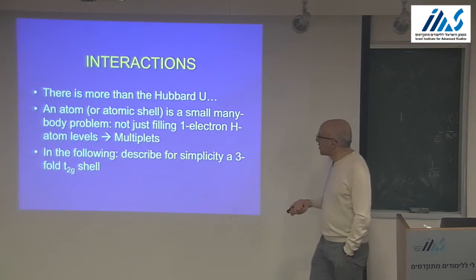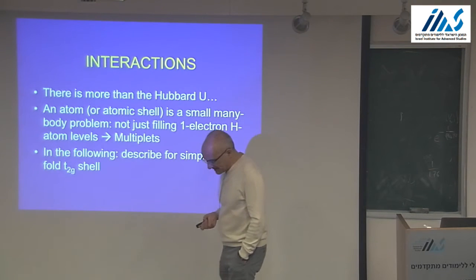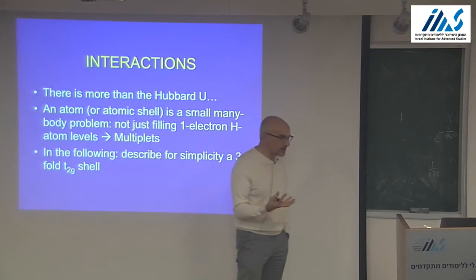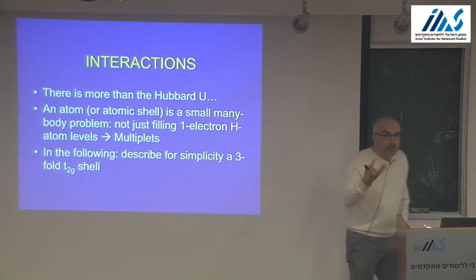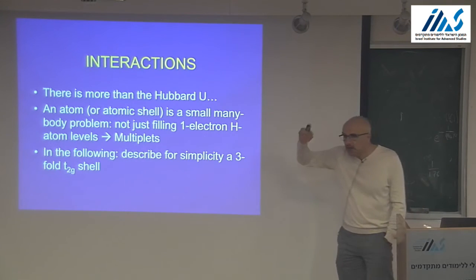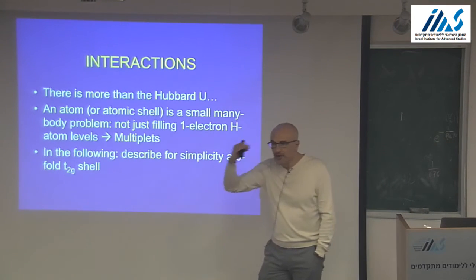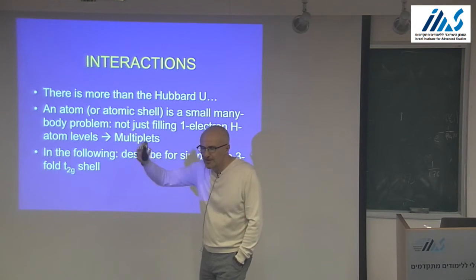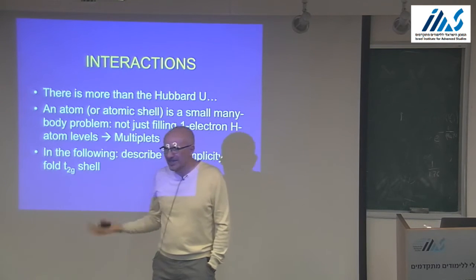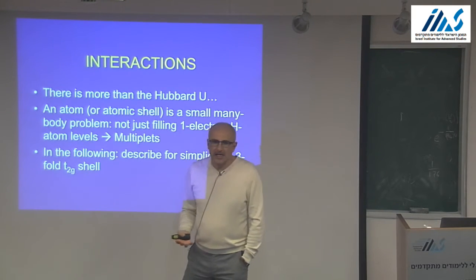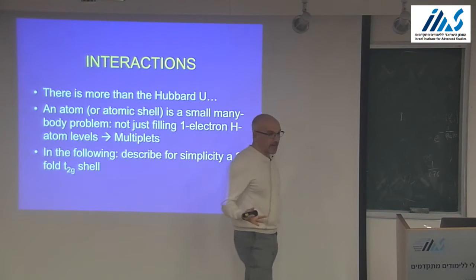Okay, so what I want you to realize is that even an isolated atom is not just filling with electrons the one-electron levels of a hydrogen atom. There are electron-electron interactions.